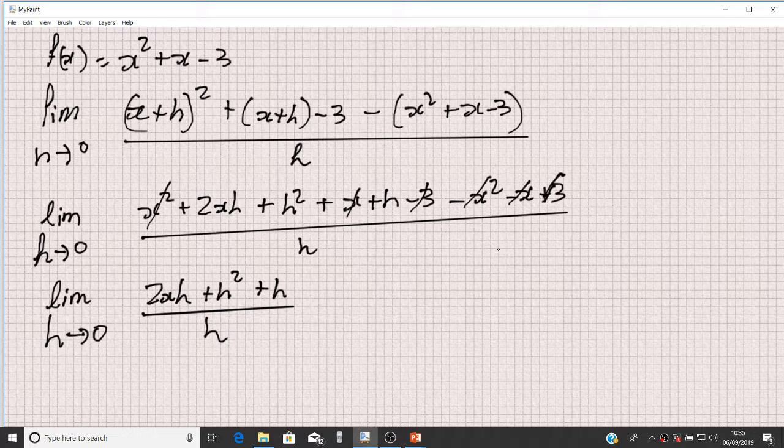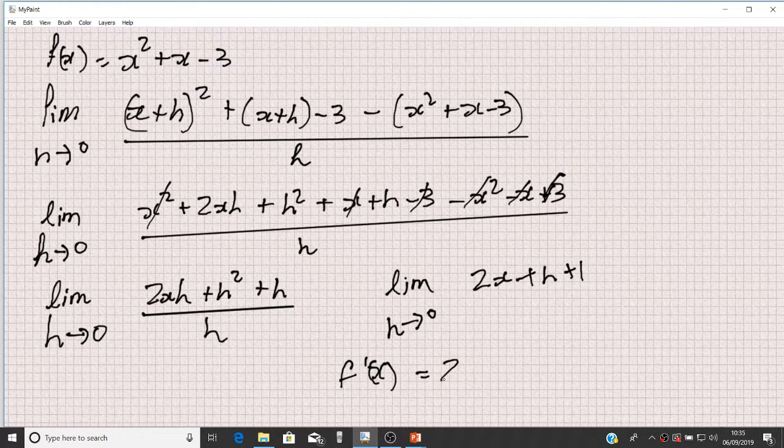We can divide out by the h, so we'll end up with the limit as h approaches 0 of 2x plus h plus 1. And as h approaches 0, that will give us the first derivative f dash x equals 2x plus 1. And that's the first derivative found using first principles.